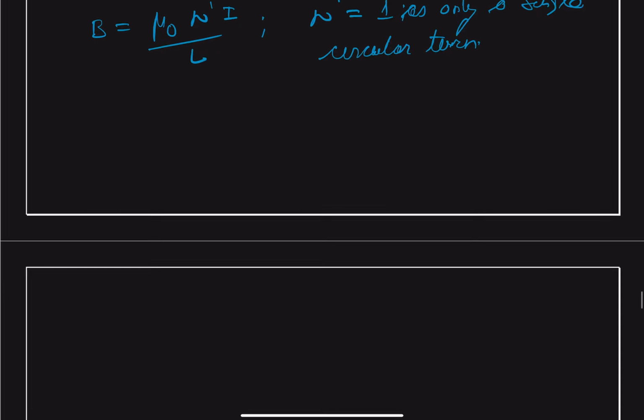Therefore, we get magnetic field B is equal to mu naught I divided by L.